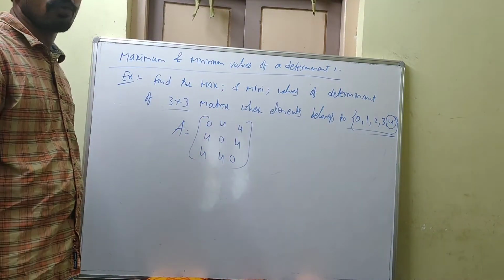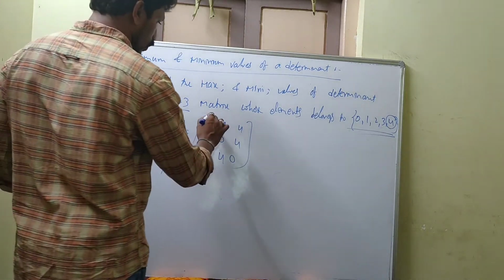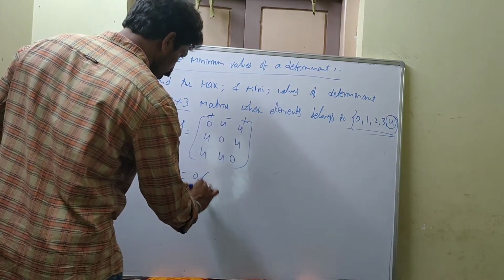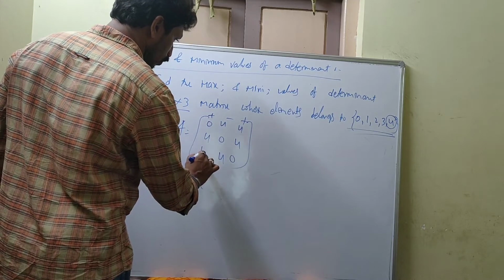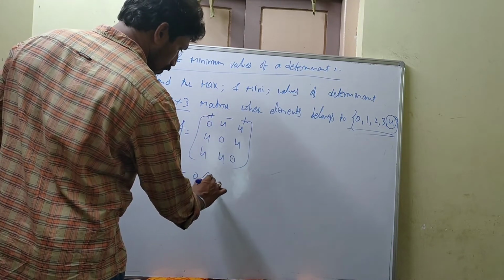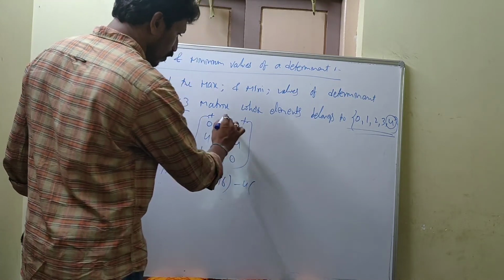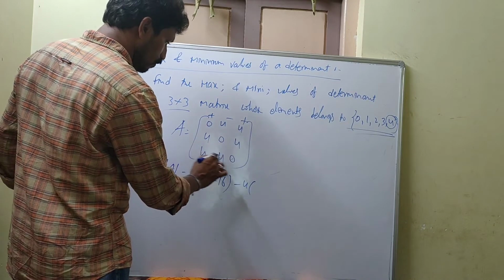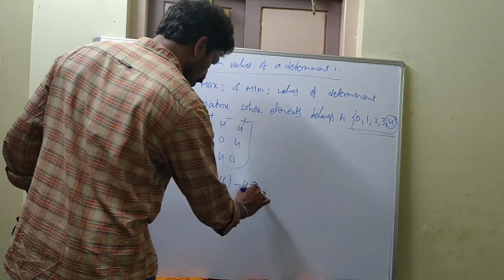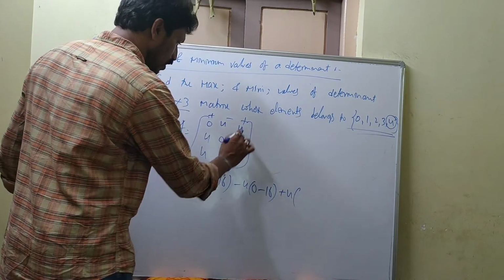For this matrix, you find out the determinant. This is the procedure. Det A is equal to plus minus plus, 0 into, leave the row and column passing through 0. So we have 0, 4, 4, 0. 0 into 0, 0. Minus 4 into 4, 16. Minus 4 into, leave the row and column passing through 4. What you have? 4, 4, 4, 0. 4 into 0, 0. Minus 4 4s are 16. Plus 4 into, leave the row and column passing through 4.